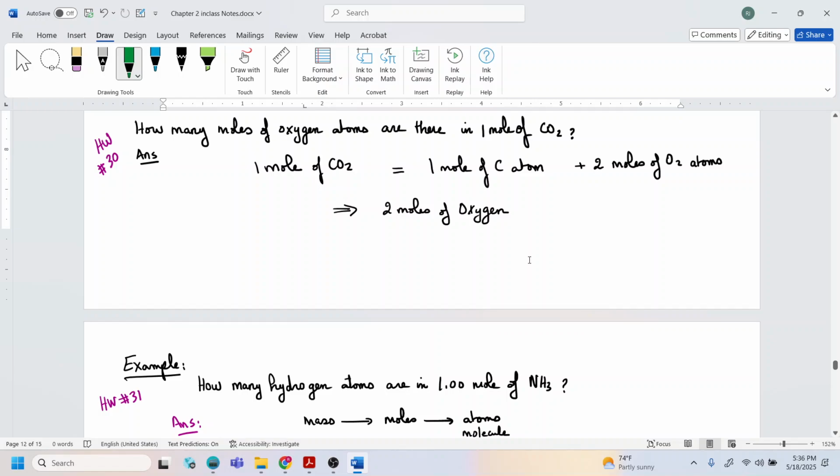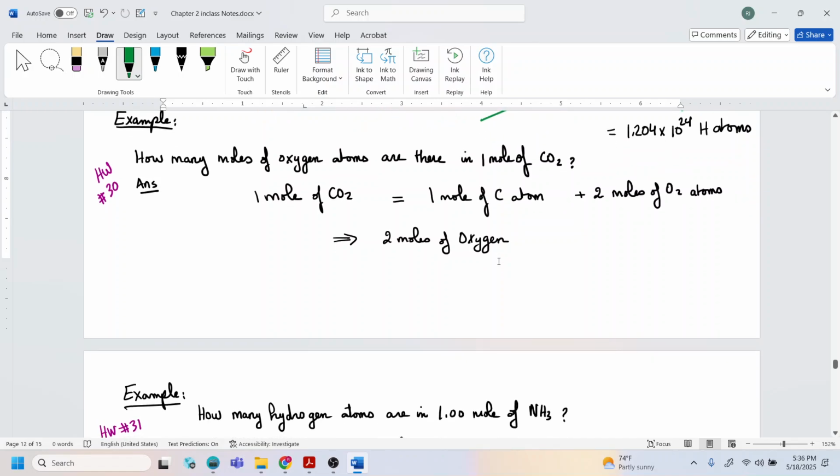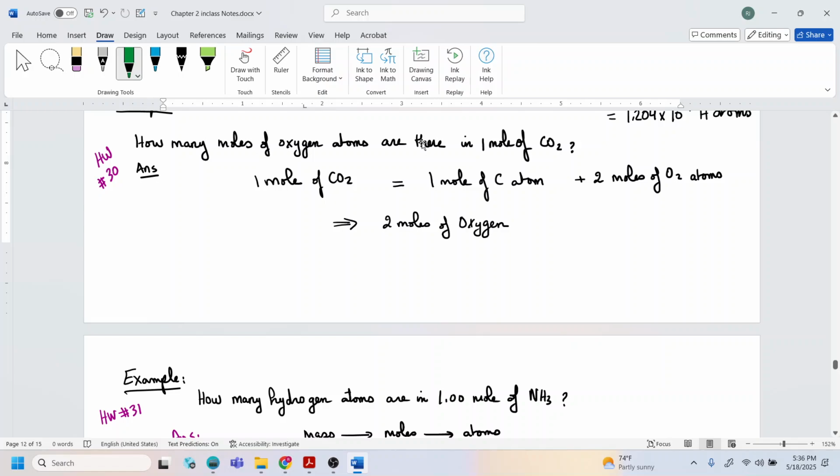Let's have another example. Okay, how many hydrogen atoms are there in 1 mole of ammonia? I just want you to see the difference between this question and this question. In this question, I am asking about the moles of the oxygen atoms, and I can simply do it from this relationship in there.